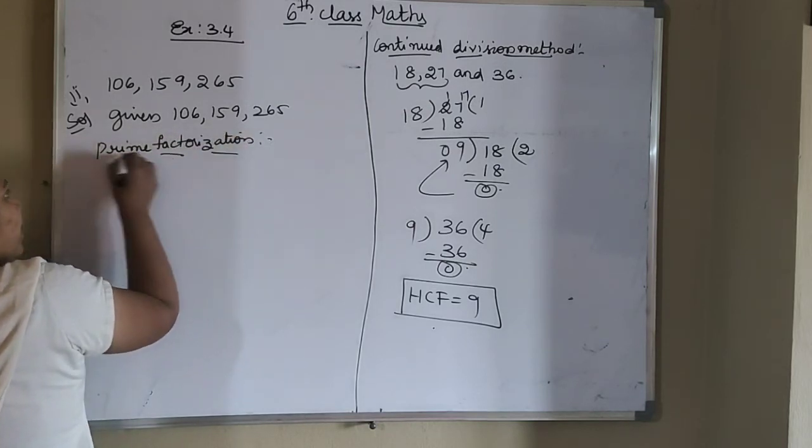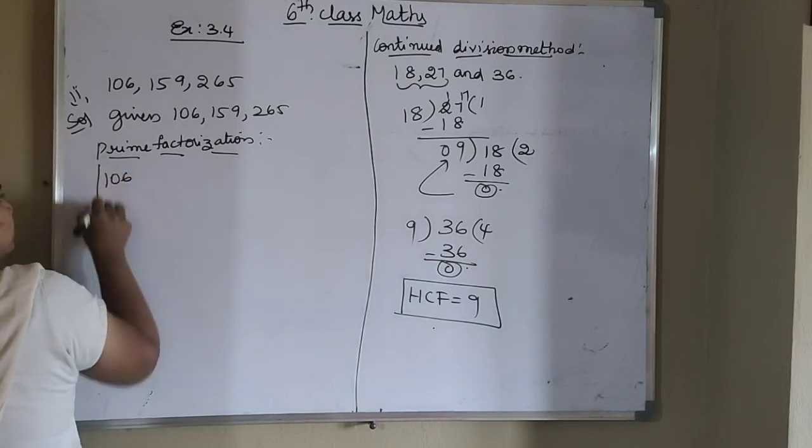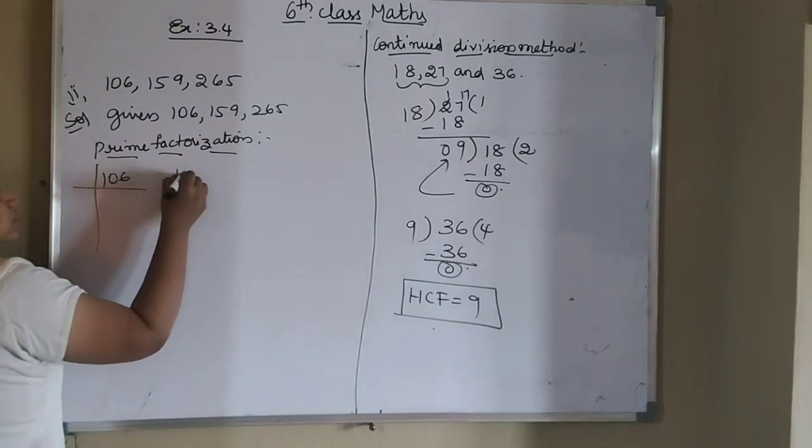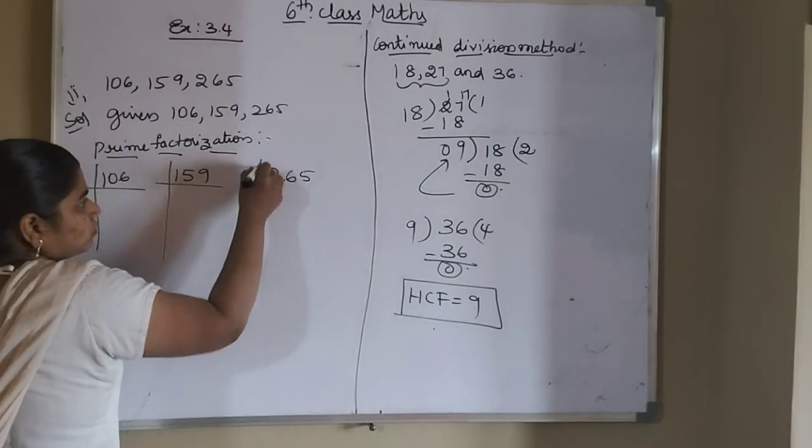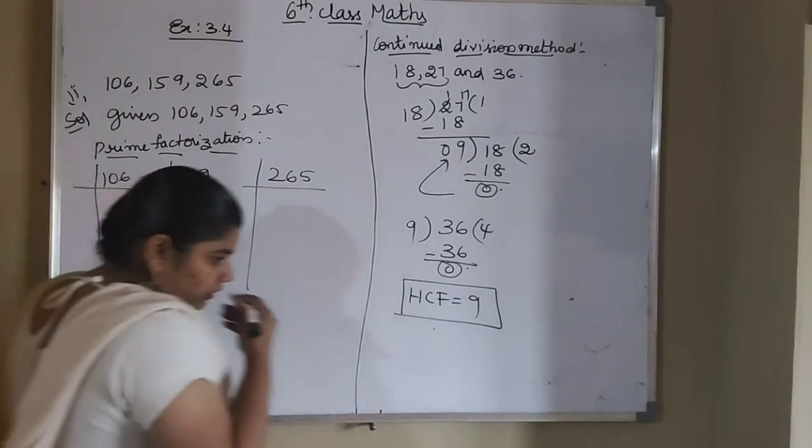So write all the values individually first. So what are the factors of this? Find out.